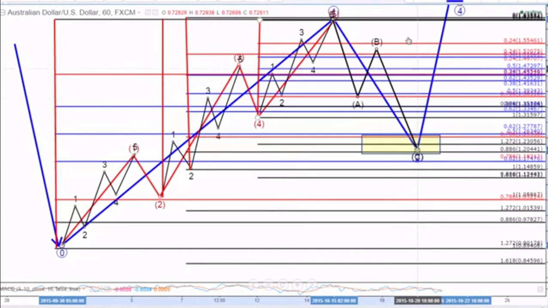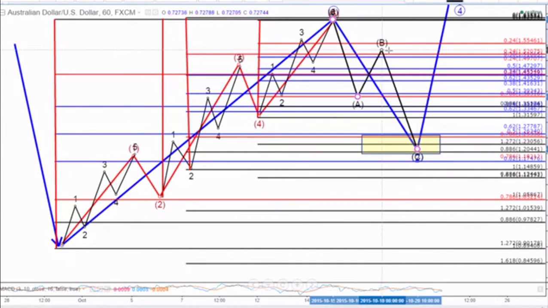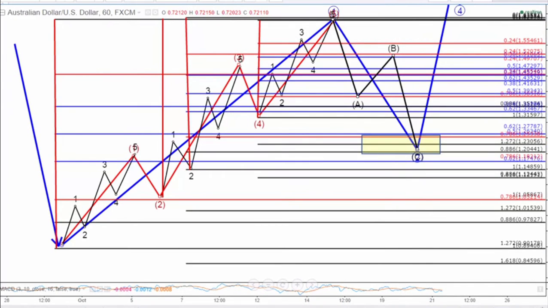A lot of times these ABC corrective waves, which we expect, are also broken into smaller five waves, or we also have ABC. For instance, you may get this here, here, here. You're either going to get one of those, and then from that, let me just draw it in.